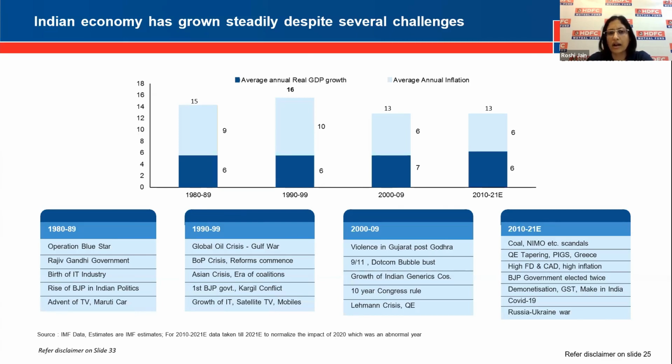And I think this is on account of fairly organic structural growth drivers that the country has. This is really a testimony to the resilience of the economy, as well as the fact that there is an inherent growth dynamic which helps overcome, over a period of time, several disruptions, either globally or domestically.